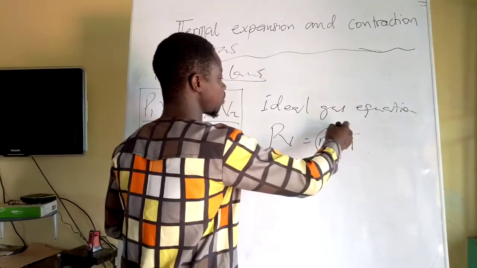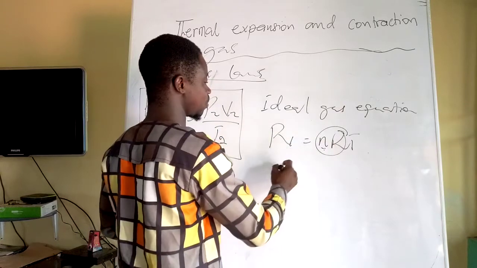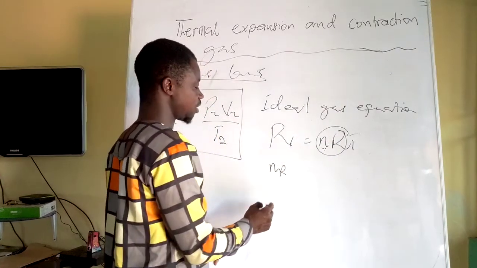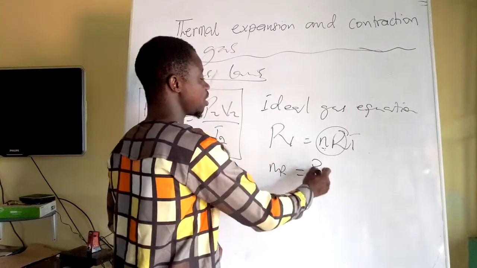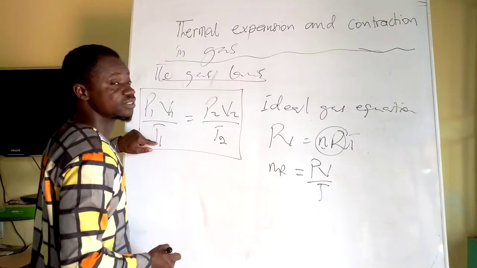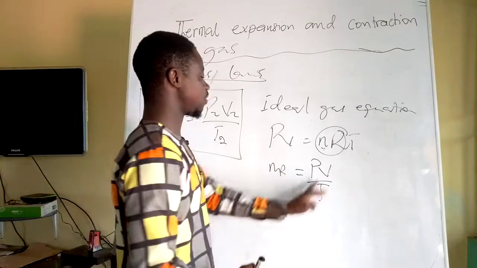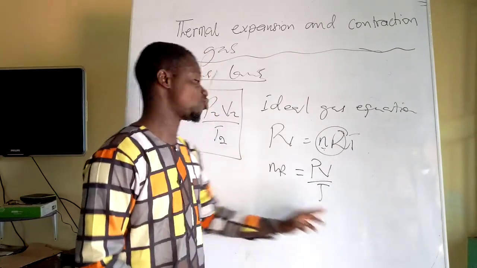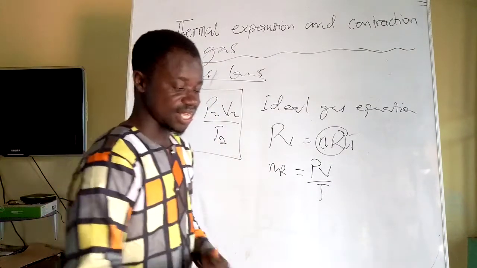So, if we make this a constant, that is going to give us nR. If we make this the subject, that's going to give us nR is equal to PV all over T. You see, PV all over T. So for two processes, that gives us P1 V1 over T1 is equal to P2 V2 over T2. That's what gives us this.